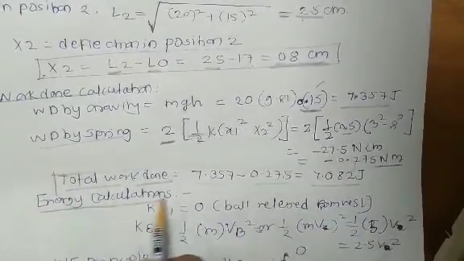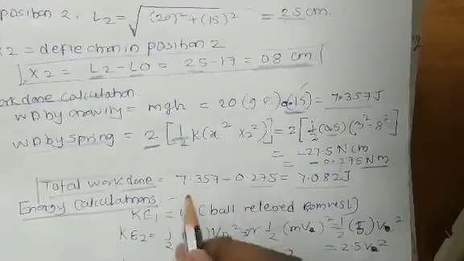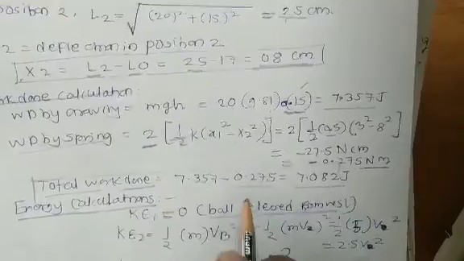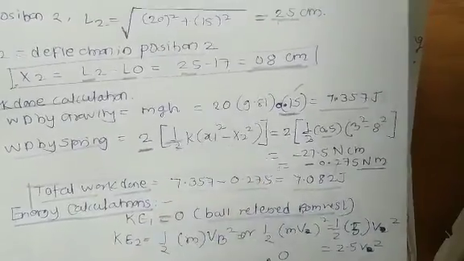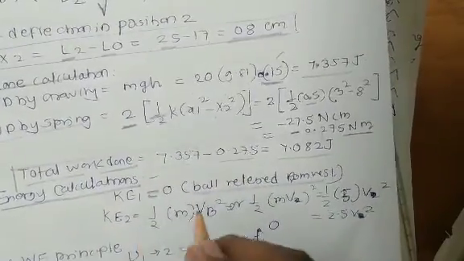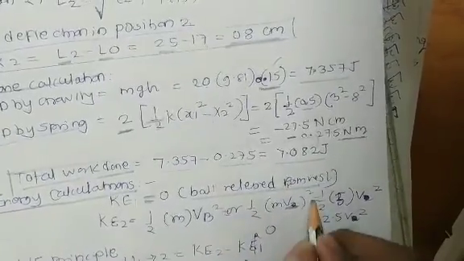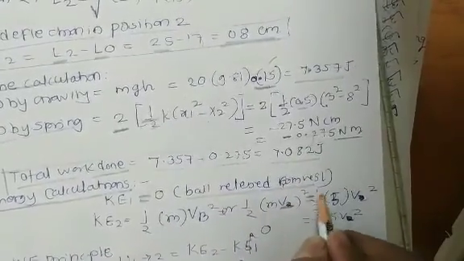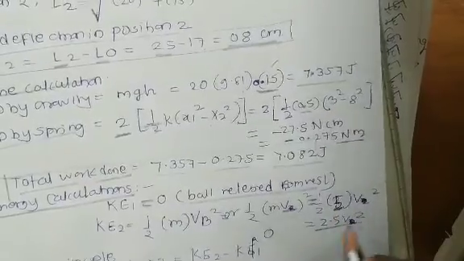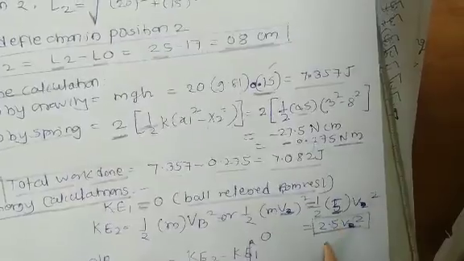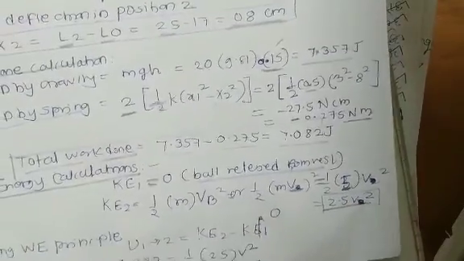Now we'll find the right part, and that is the energy calculation. K1 is equal to 0 because the ball is released from rest, which is mentioned in the problem, and K2 is equal to 1 half VB square, or 1 half m V square, and we need to find V. So 1 half mass is 5, dividing 5 by 2 we get 2.5 V square.